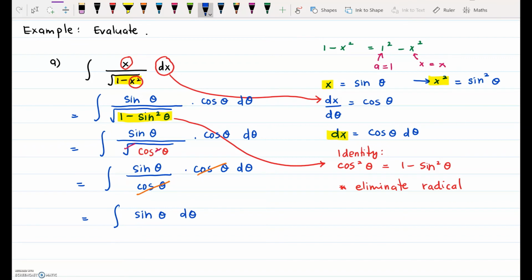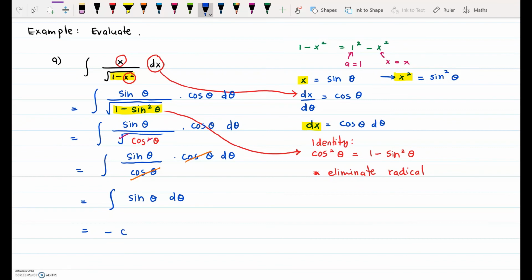Okay, the integration of sine theta is negative cos theta plus c. Okay class? Alright, remember your final answer here must be in terms of x, but now we have it in terms of theta. So we need to modify this function from theta into the form of x.